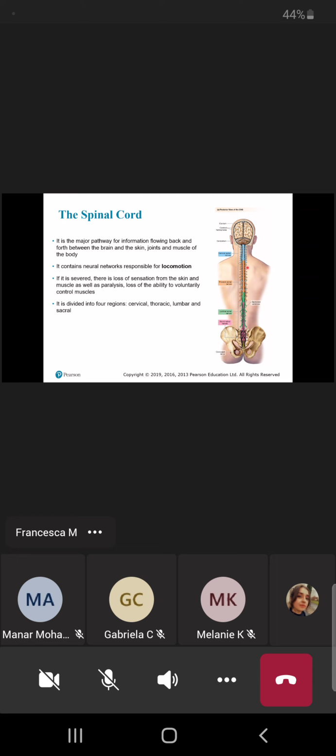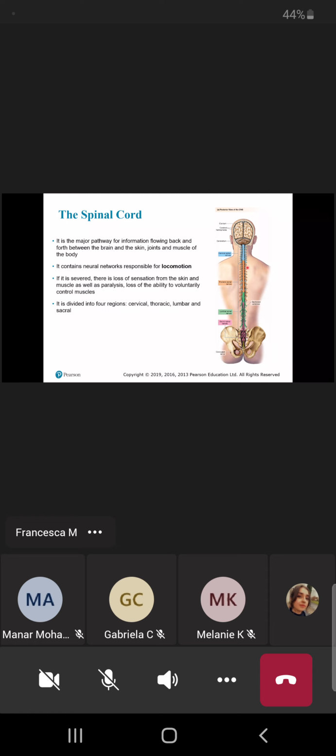In the most severe condition of trauma, we can also have paralysis, so the loss of the ability to move our legs, or in some cases the paralysis of all the lower portion of our body, the loss of the voluntary control of muscles.